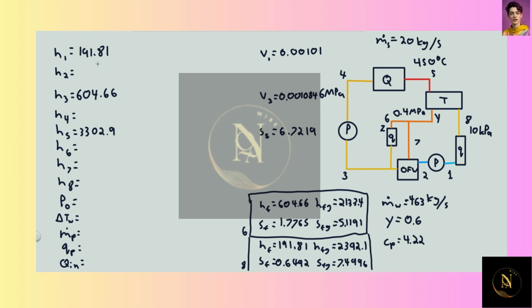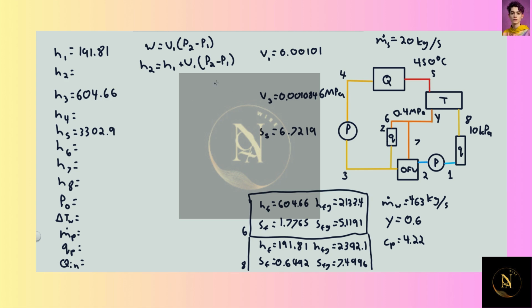So first, H2. We're having H1 go through a pump, so we're going to use the work done by a pump formula, which is equal to the specific volume times P2 minus P1. And of course, because of the conservation of energy, H2 is going to be equal to H1 plus the work done on it, which, as I just said, is the specific volume times P2 minus P1.